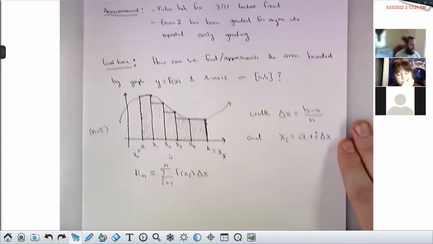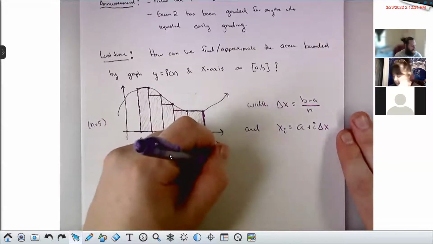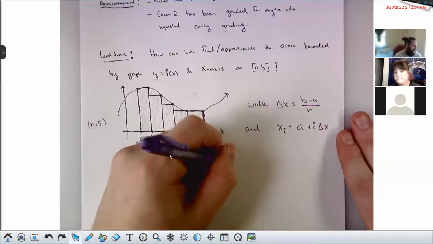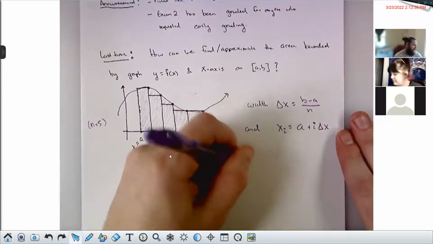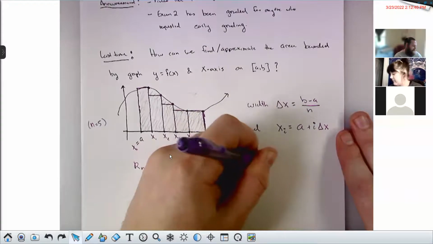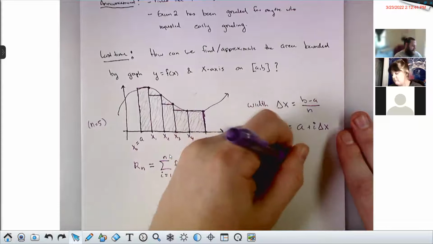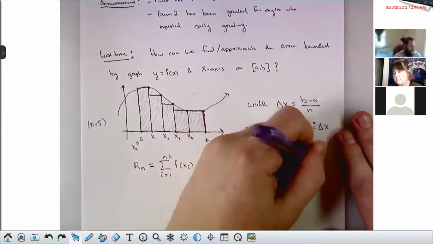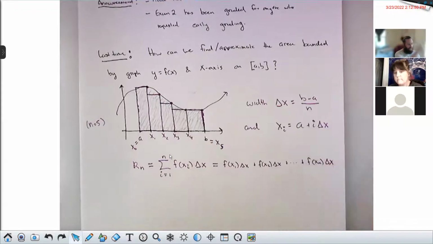It stands for the word sum, meaning to add up. So that's just a shorthand for the big addition problem, f of x1 times delta x plus f of x2 times delta x plus blah, blah, blah, all the way out to f of xn times delta x.